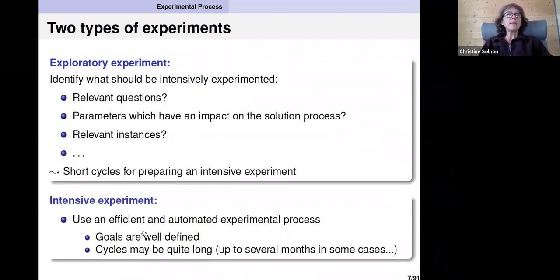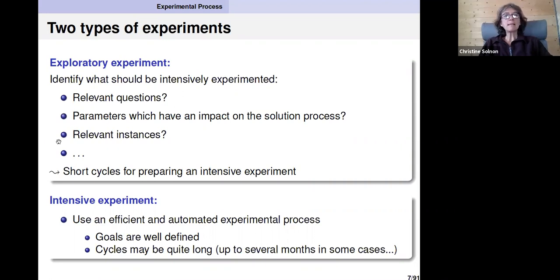So usually we distinguish 2 kinds of experiments. First, we do very short experiments that are used to identify what you should intensively experiment. So what are the relevant questions? What are the parameters that we should study?